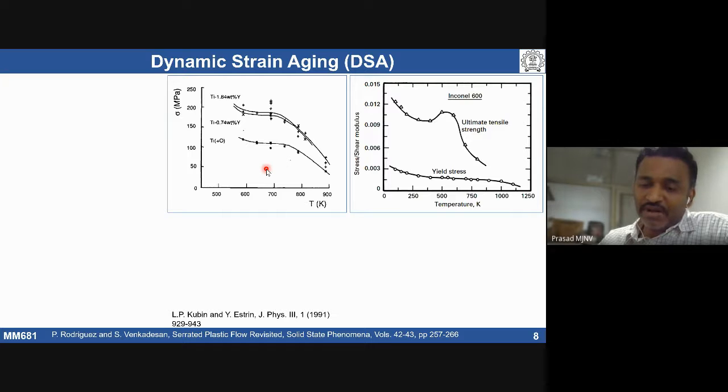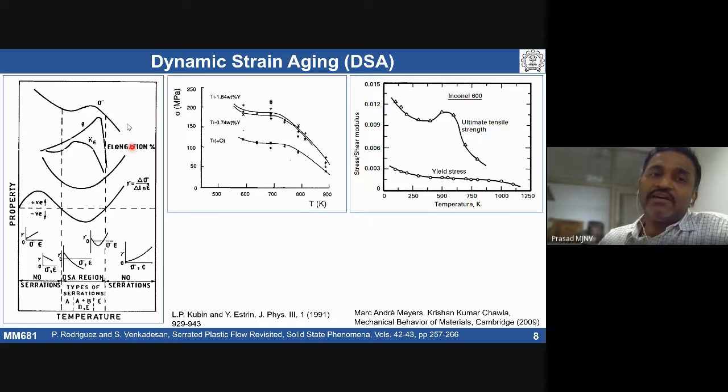Whatever I mentioned has been summarized schematically in this form. For the temperature effect, we assume a fixed strain rate. In that strain rate window, if you deform the material as a function of temperature, the strength is going to decrease initially, but in this particular temperature window, stress can increase or become a plateau.